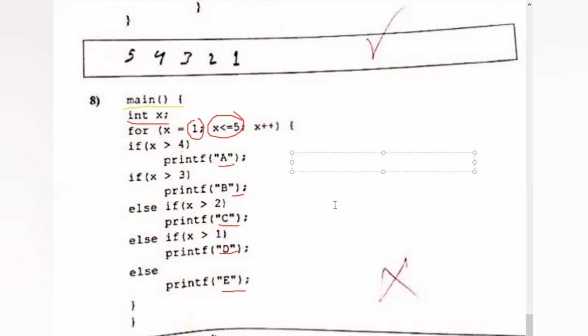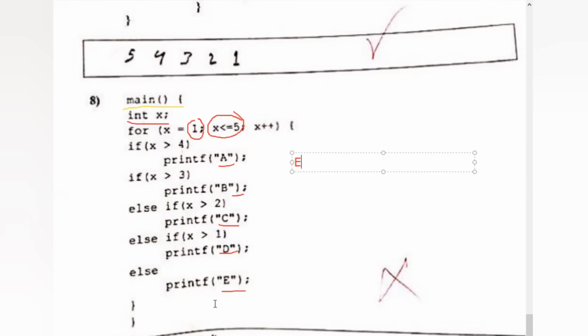At first, it will display E, because the first condition is not satisfied, so the else part will run.